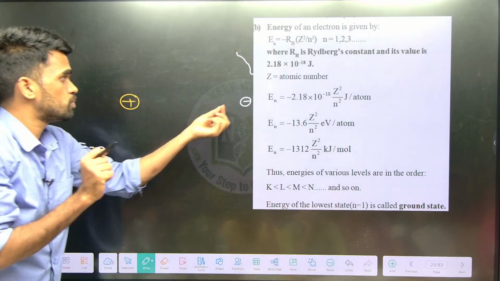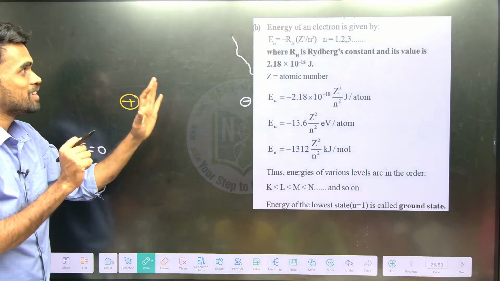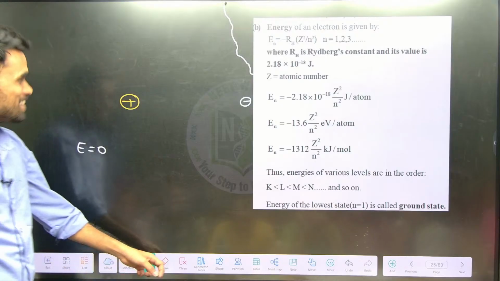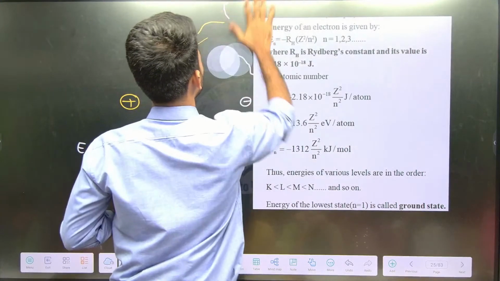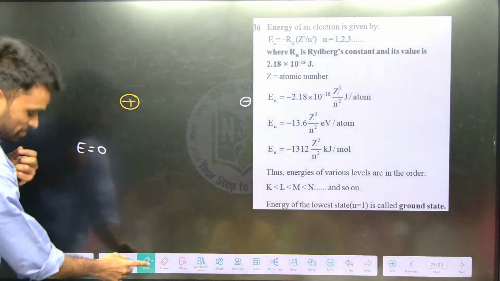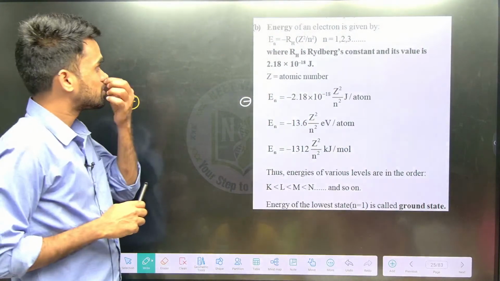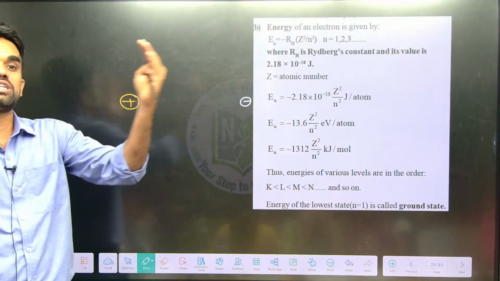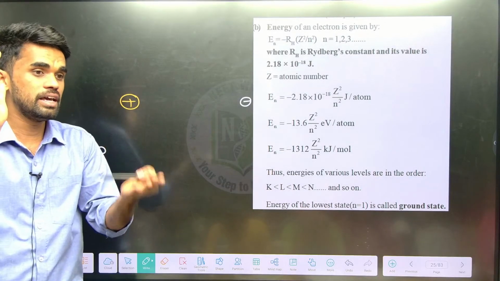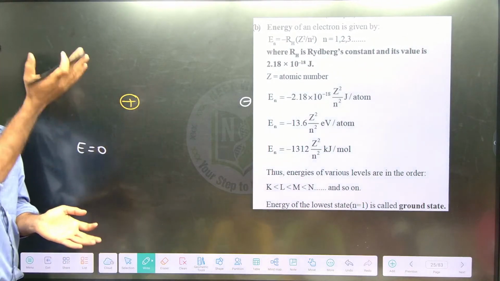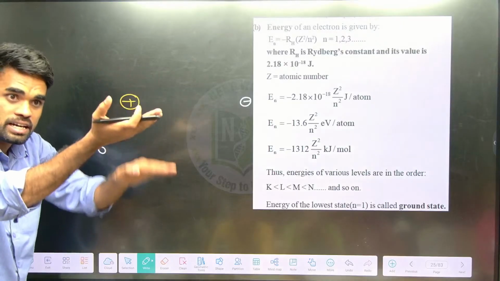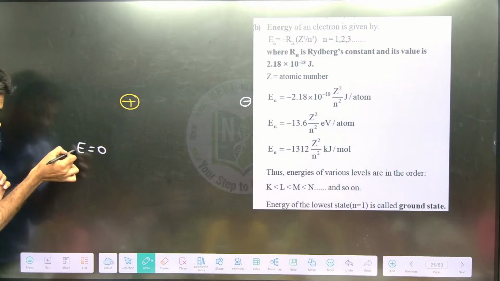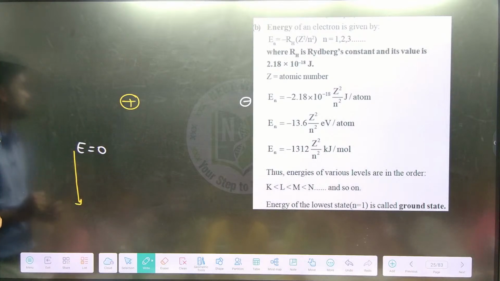As you bring it even closer, the stability of the system increases. When the stability of a system increases, its energy decreases. It means when you bring it closer, the energy becomes negative.